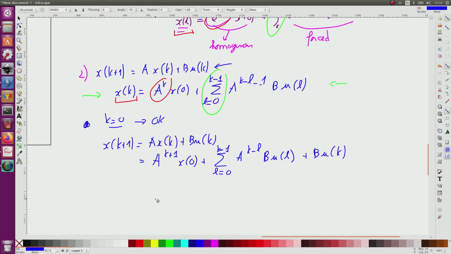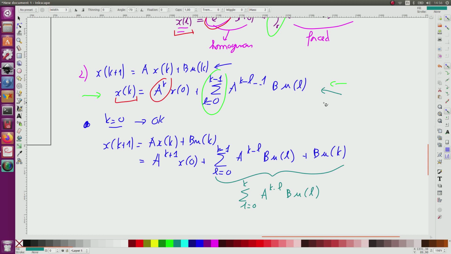Now this is equal to the sum from L equals 0 to k of A power k minus L B u of L. So this corresponds to this formula for k plus 1. So the relation is therefore also verified for k plus 1. I have proved this formula.